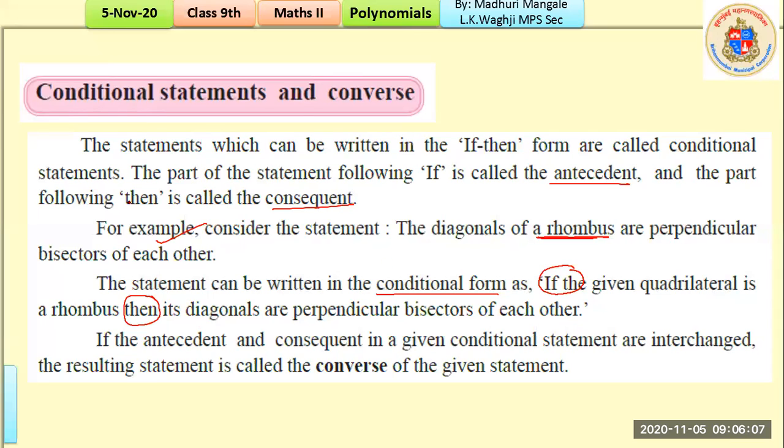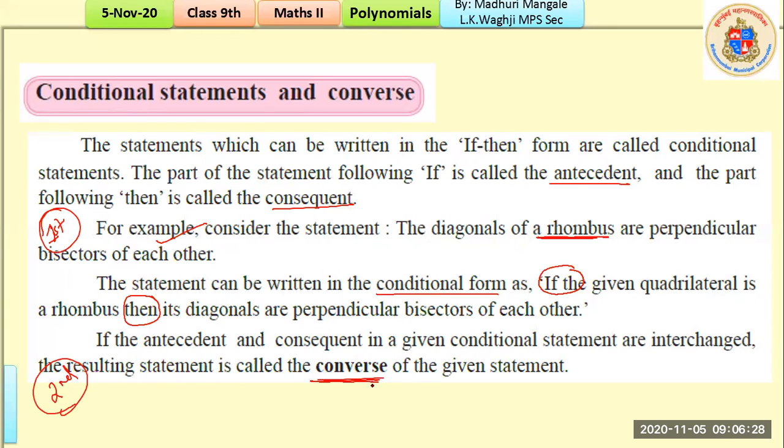So this is the first type of question that has been asked: write the given statement in if-then form. And the second type of question is to convert the statement into its converse. And what do you mean by converse?